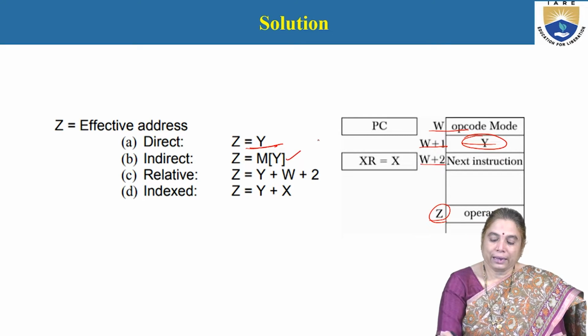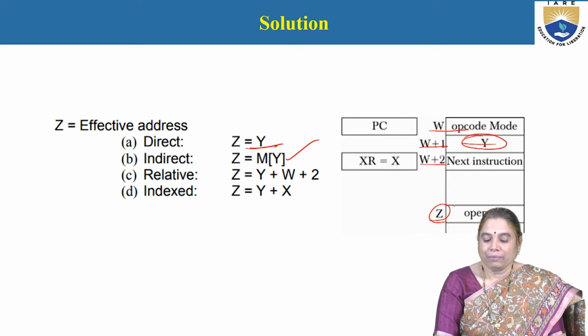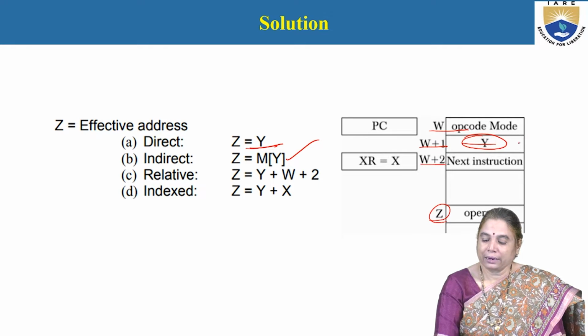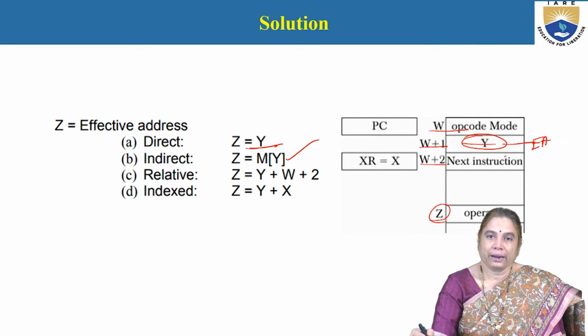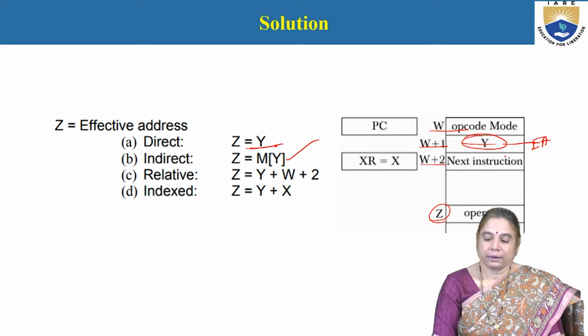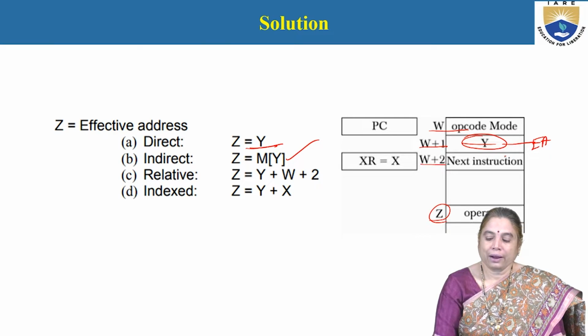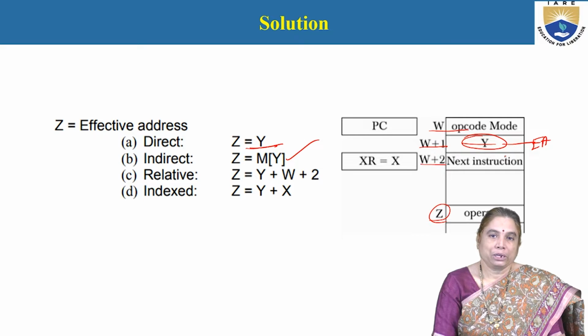Next, in case of indirect mode, while fetching the operand, the Y location of the memory contains the effective address of the operand. For example, if the Y value is location 100, one more memory cycle is required to fetch the actual operand, because at the address 100 the operand is available.